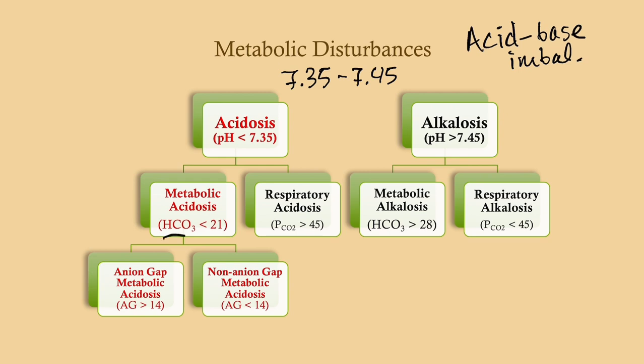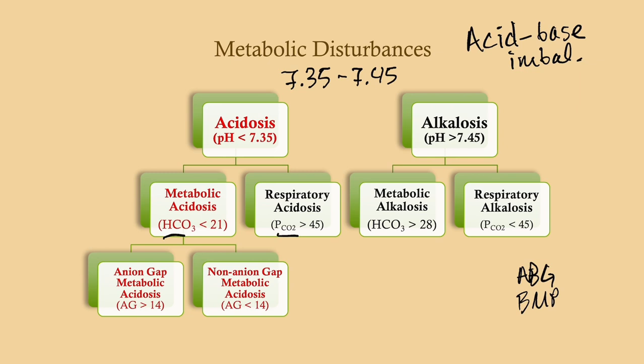We look at the concentration of bicarb, which we would get on a BMP, and we look for the partial pressure of carbon dioxide, which we would get on an arterial blood gas. So both the ABG and the BMP or CMP are of the utmost importance in determining which kind of metabolic disturbance you're dealing with, and that's going to be important for formulating your differential diagnosis.